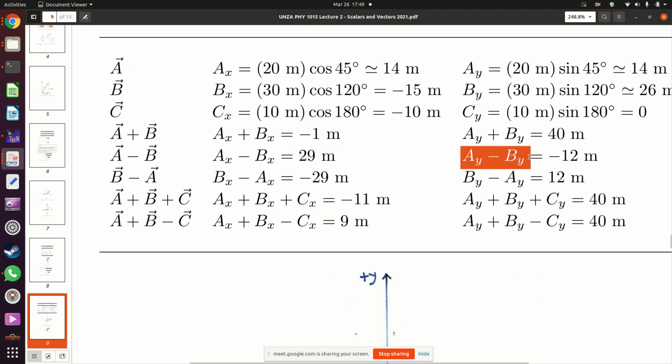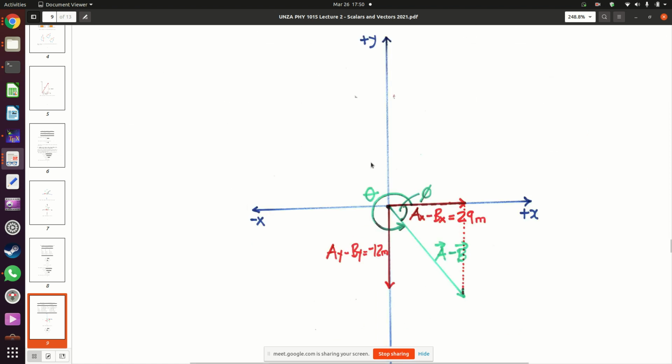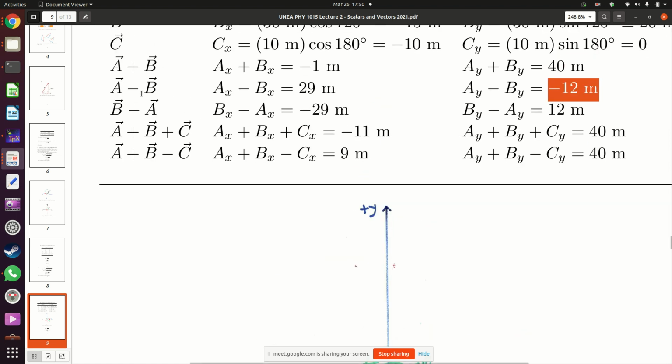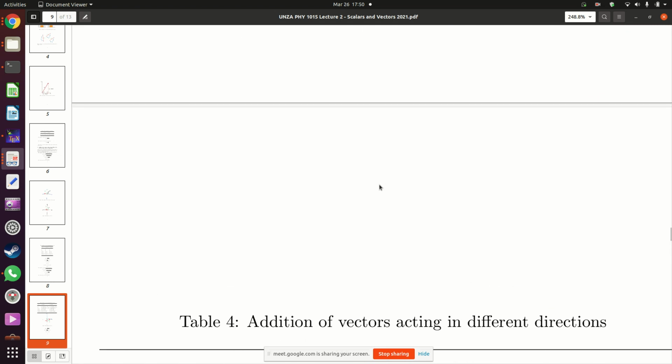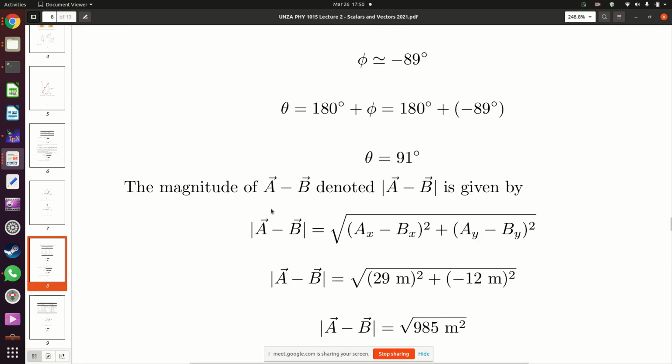Then along the y-axis, it's pointing in the negative direction. It's minus 12 meters. With this information, we can work out the size of A minus B.